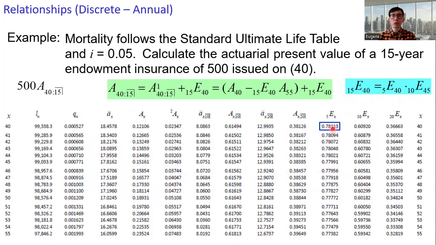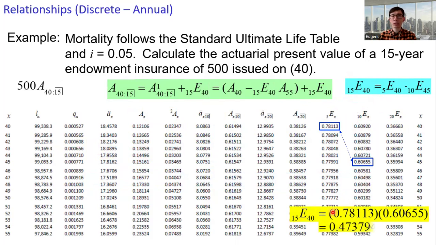We get 5E40, 0.78113. And then 10E45, we get 0.60655. Multiply them together, we get 15E40 as 0.473794.